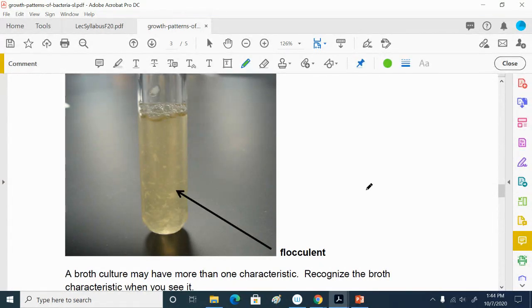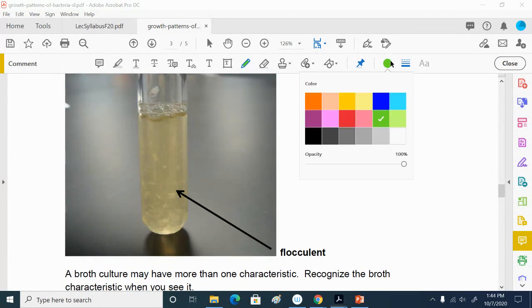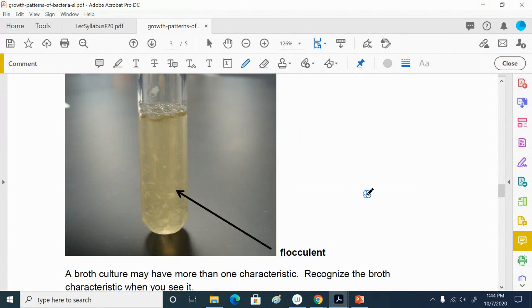Now, a broth culture can have more than one characteristic, and so I'm going to try and draw something. Here we have a tube.